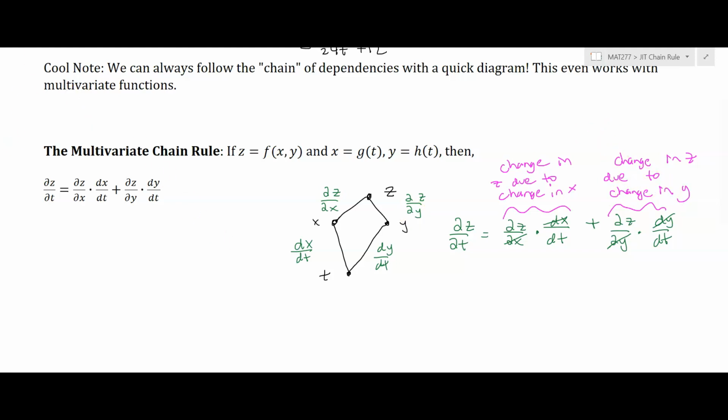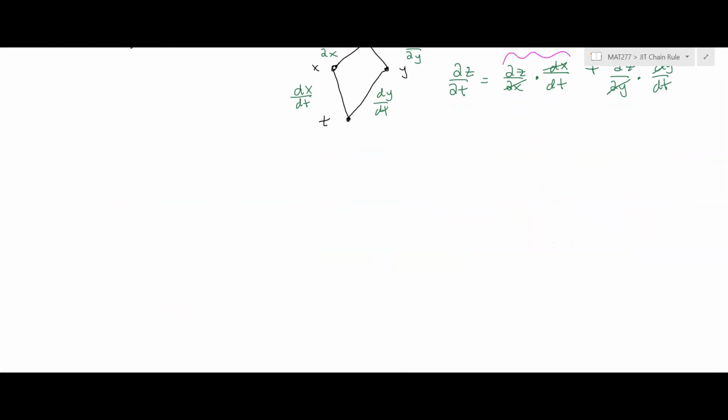Now this applies across multiple spectrums. You could have Z depend on three input variables. Let's say W, X, and Y. And these three could depend on their own things. For example, let's say W just depends on some variable that we're going to call S, and X and Y both depend on some variable that we're going to call T. Well, in this case, again, to get the total change in Z, I have three terms that this equation is going to have.